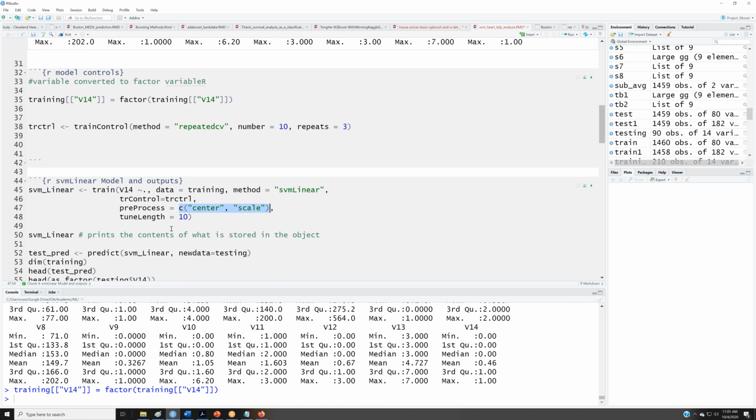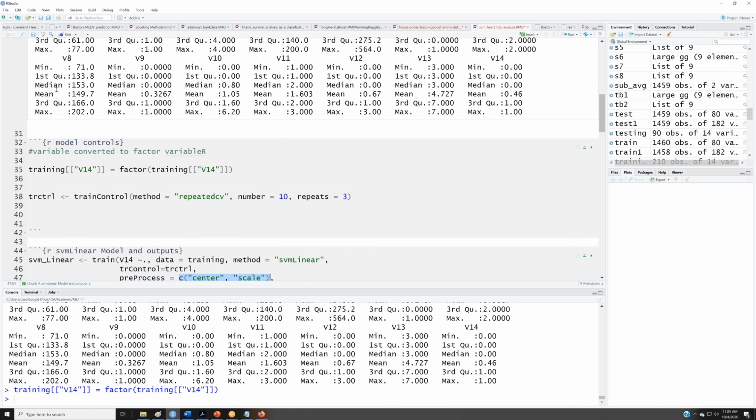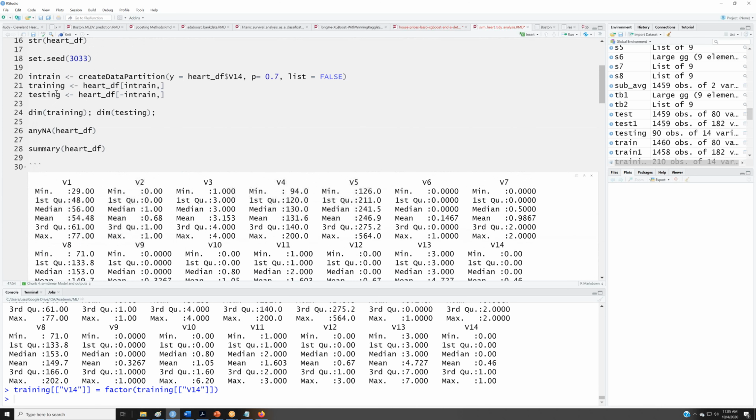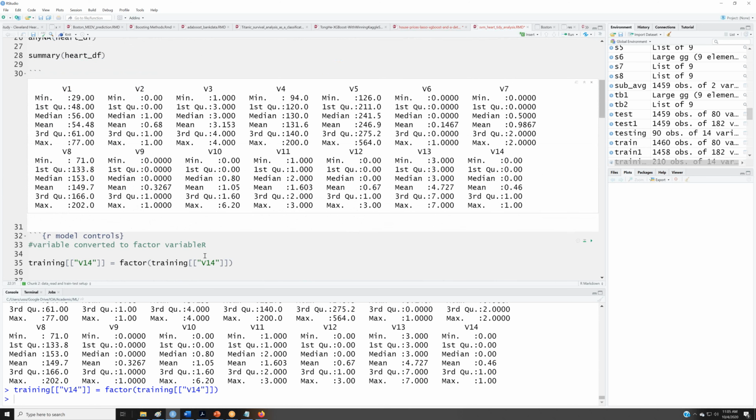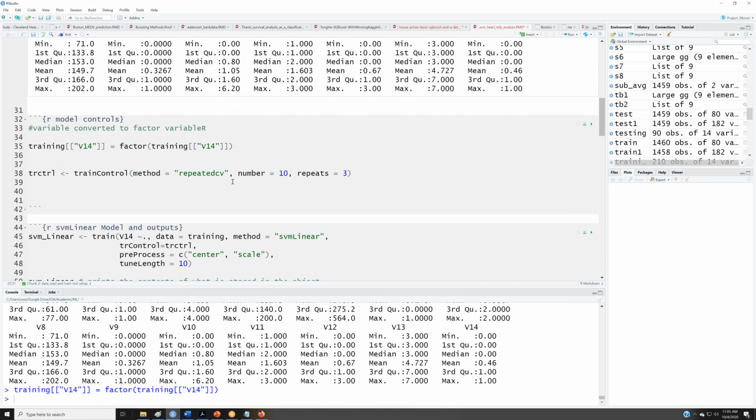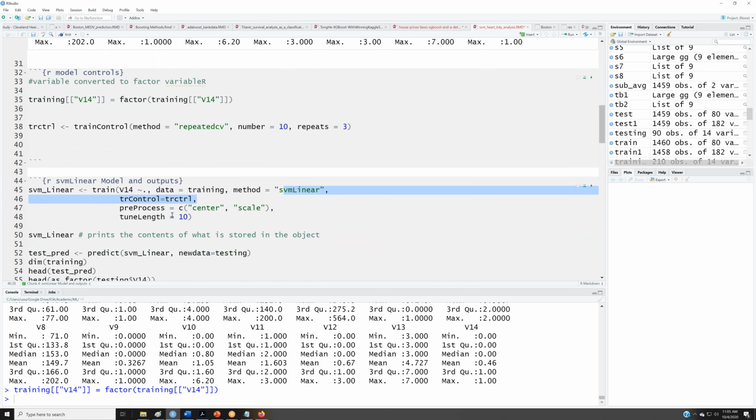Tune length is 10. So data is training, which is defined here. Training is the data set. Testing is the testing data set. We are going to use the training data set. The method is repeated CV in the train control. And then what method we are using here is the SVM linear.